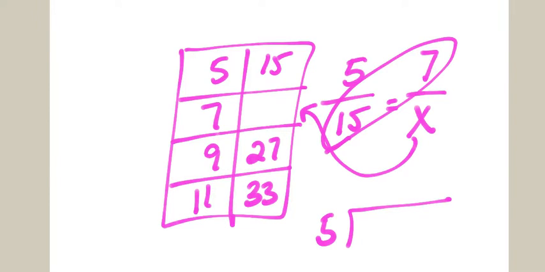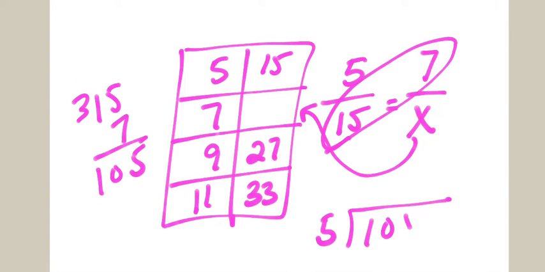So 15 times 7 would be 35, and that would be 10, so 105. So 5 can go into 10 two times, which gives you exactly 10. Bring down your 5. 5 goes into 5 one time. So the answer would be 21.